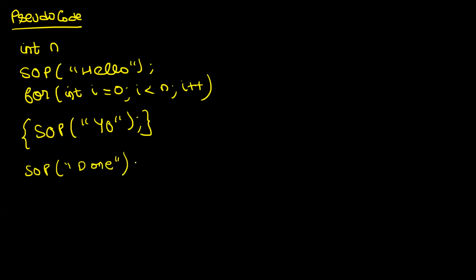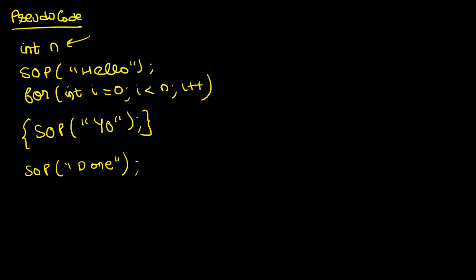So what is this code doing? My n is input from the user, right? This is the user input that you will be expecting from the user, or this is the input parameter which we have to evaluate. Can you tell me what this code is doing? First of all, it will print hello, then it will print yo n times, and then it will print done. So can anybody tell me what is the major time contributor of this code?